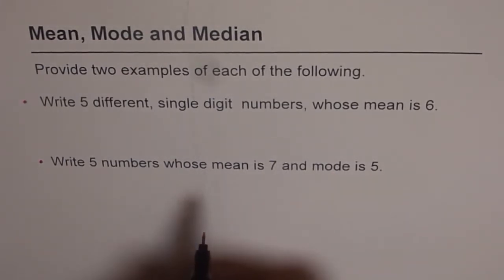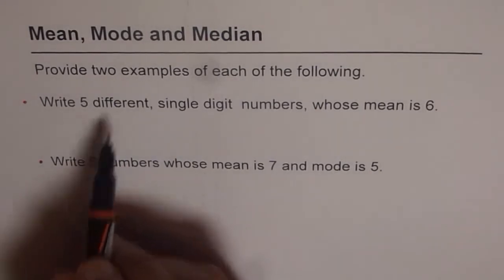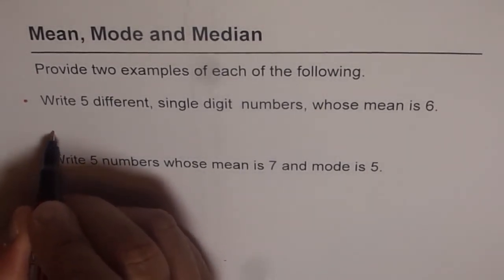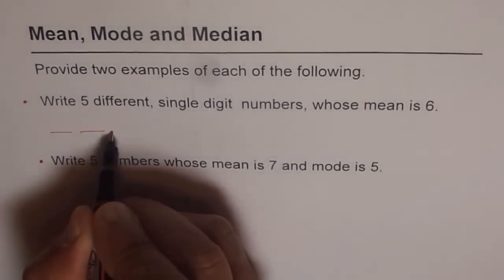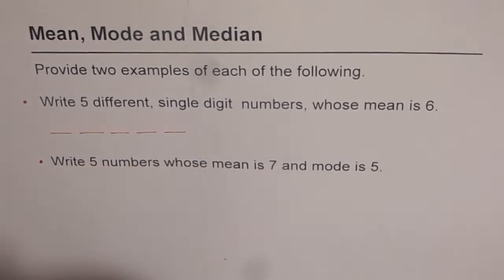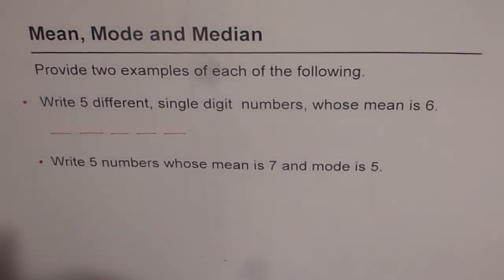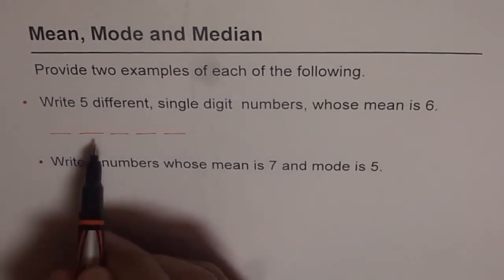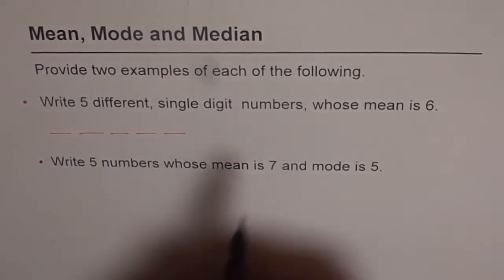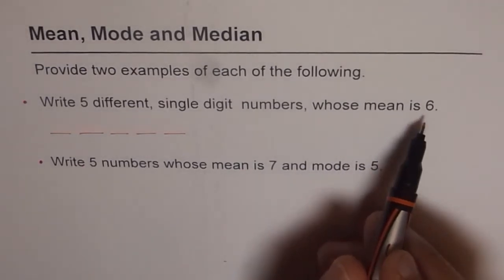So, let us see how to answer this question. When it says 5 different, then we can write 5 blank dashes, fill in the blank dashes, right? So we know we need 5 different numbers, and all of them have to be single digit, whose mean should be 6.